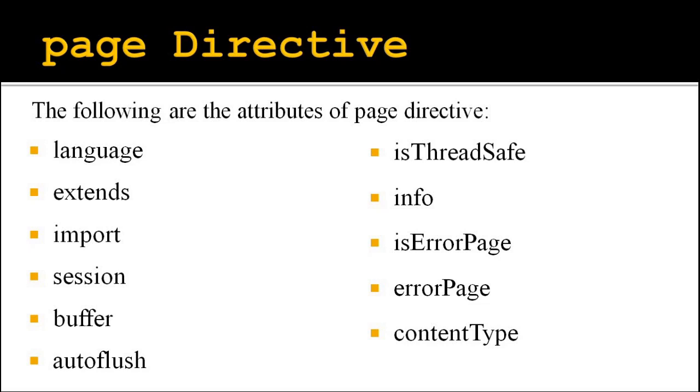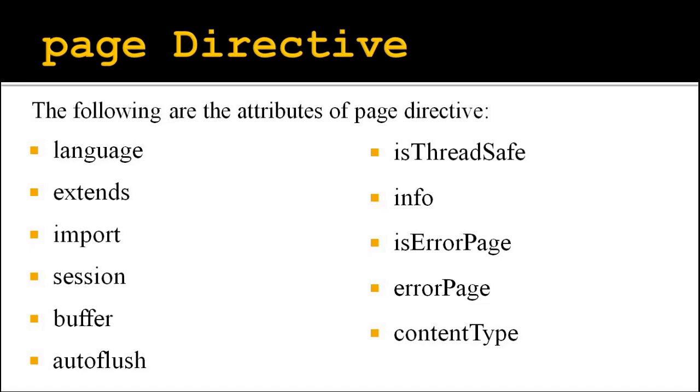If the value is false, it can handle only a single thread. Coming to the eighth attribute of the page directive, info, which is a string returned by the JSP page's getServletInfo method, which contains the details of the page.